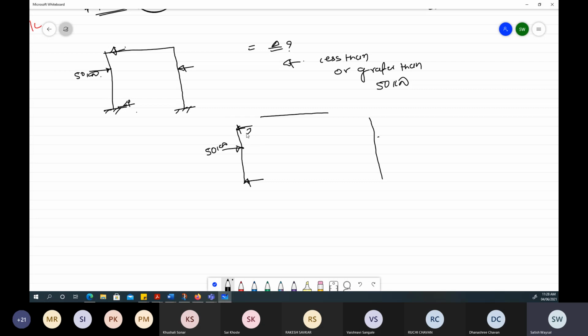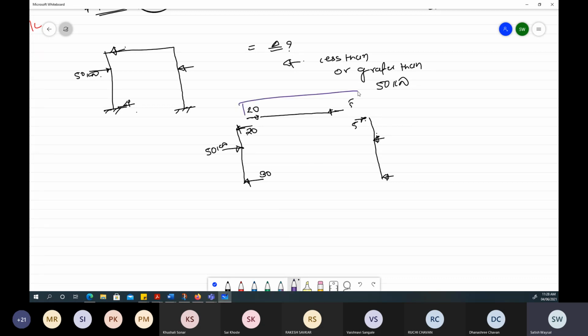Let us say that here one reaction is 20 kilonewton and this is 30 kilonewton. What will happen here? This 20 kilonewton will be transferred to this, and this will be transferred opposite to this, and then again this. Okay, and suppose here one more load is acting over here, and this reaction is 5 kilonewton, and this is 20 kilonewton.